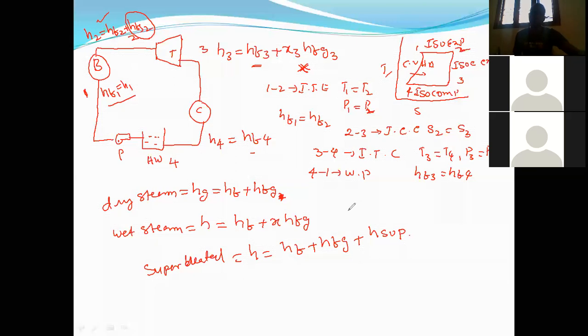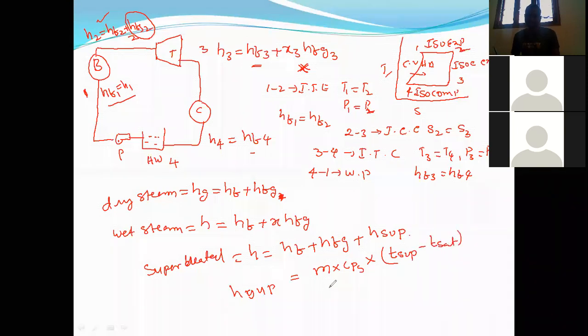Okay, sir. How do you calculate H superheat? H superheat is equal to mass of steam into Cp of steam, Cps, into the temperature difference between the temperature of superheat minus temperature of saturated.